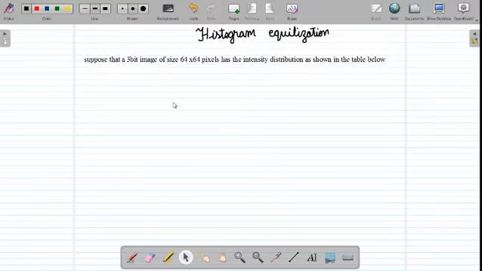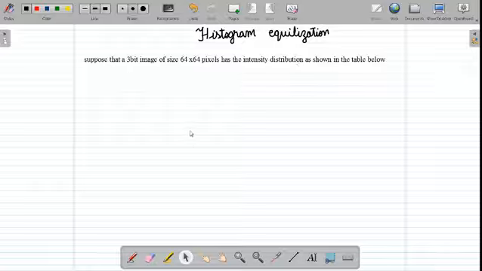So just understand the concept before solving the problem. The given image is of 3-bit and is of size 64 cross 64, and the intensity distribution table will be given. So we need to perform histogram equalization.